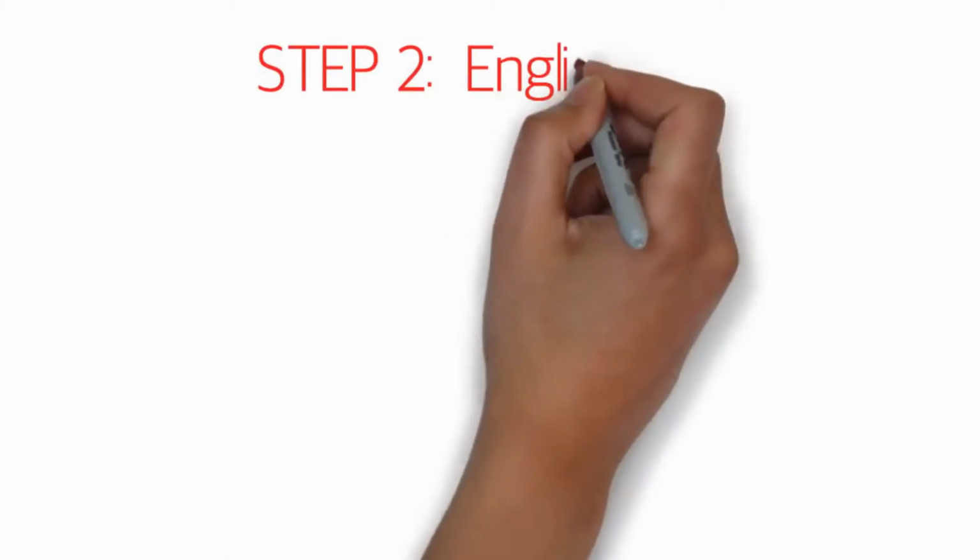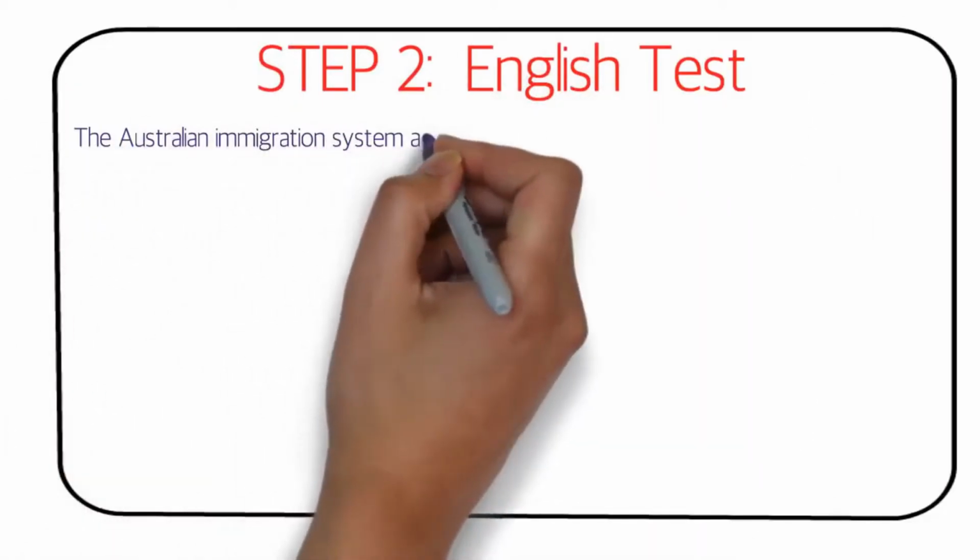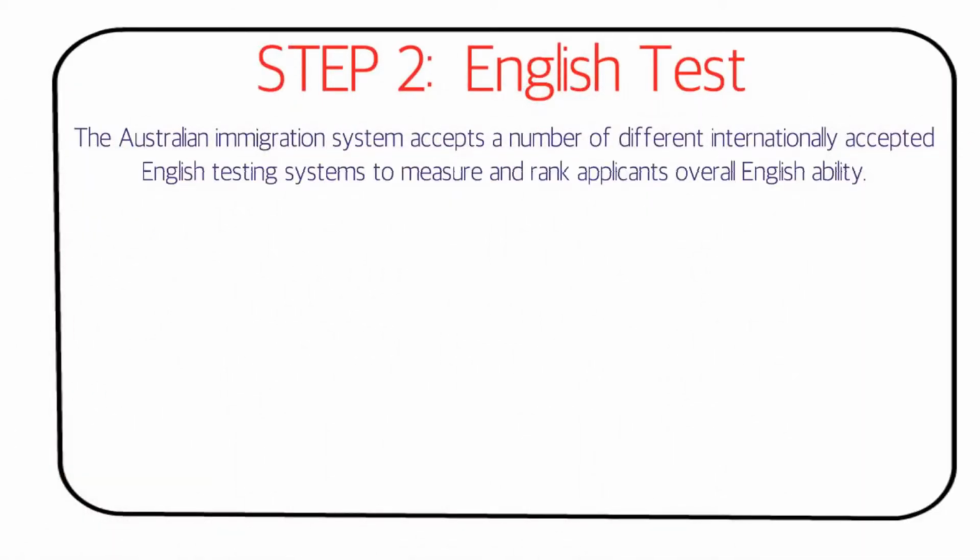Now let's talk about the second step, the English test. The Australian immigration system accepts a number of different internationally accepted English testing systems to rank applicants' overall English ability.